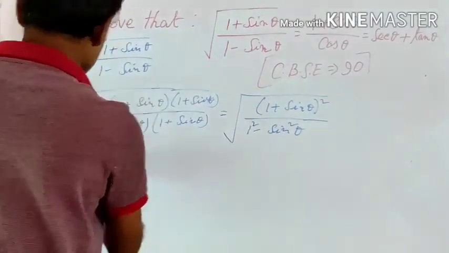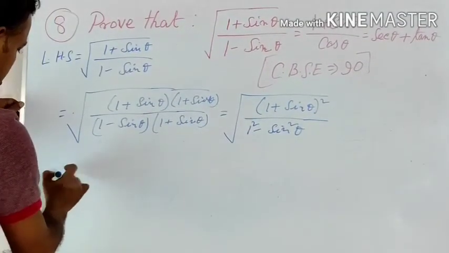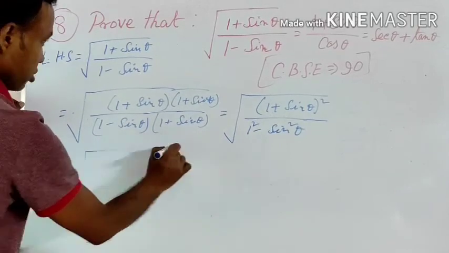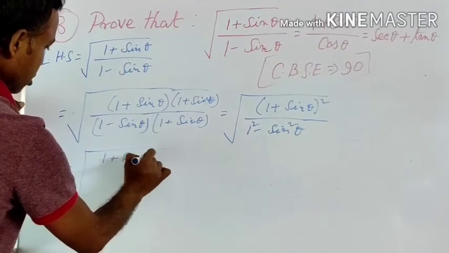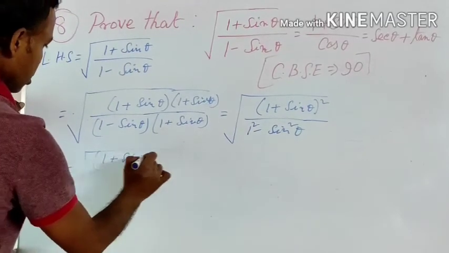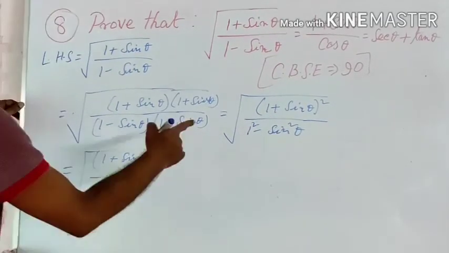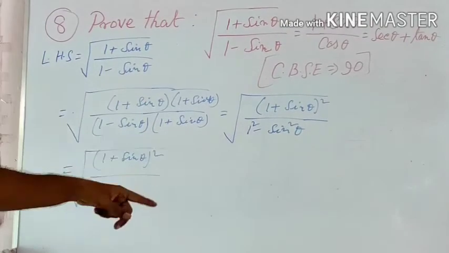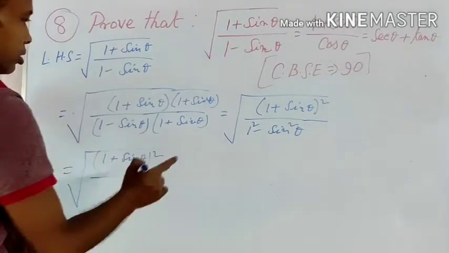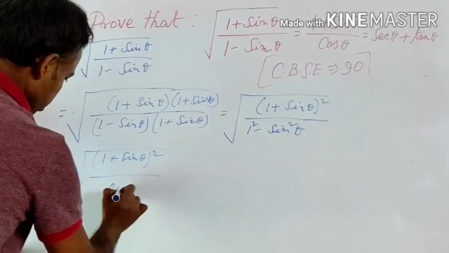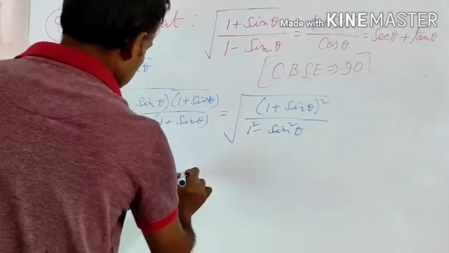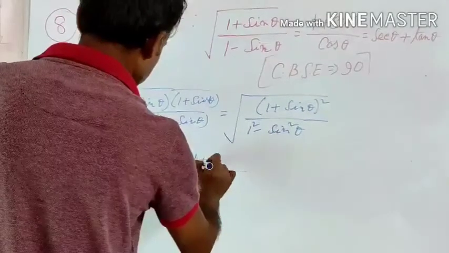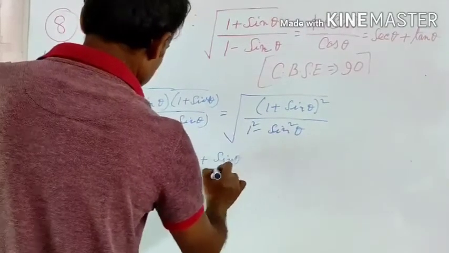This is equal to root over 1 plus sin theta whole square by 1 minus sin square theta. 1 minus sin square theta is equal to cos square theta. So when it comes out from the root, that is 1 plus sin theta by cos theta.